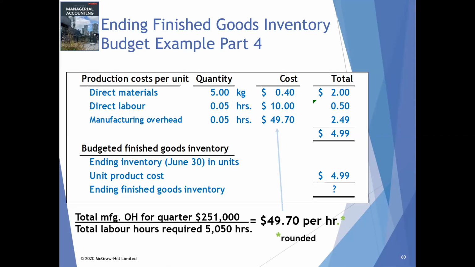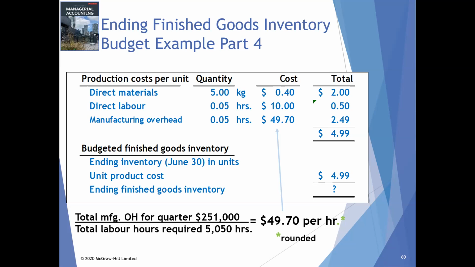Now we should know the closing inventory units, which will be 5,000 units. From where was this 5,000 calculated? I can show you the closing stock.